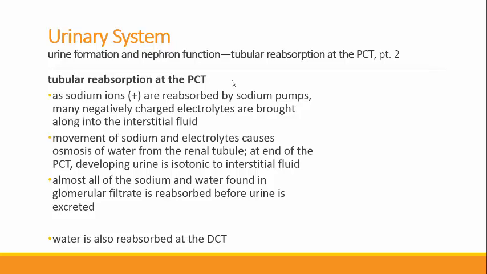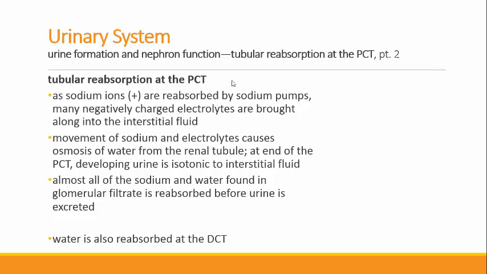It has the same osmotic strength as interstitial fluid. So the upshot of tubular reabsorption is that by the time the urine is built at the far side of the nephron tubule, almost all of the sodium and almost all of the water, remember 99%, and I might even add greater than 99% of the water that we squeeze out of the blood at the glomerulus, has been reabsorbed into the body.